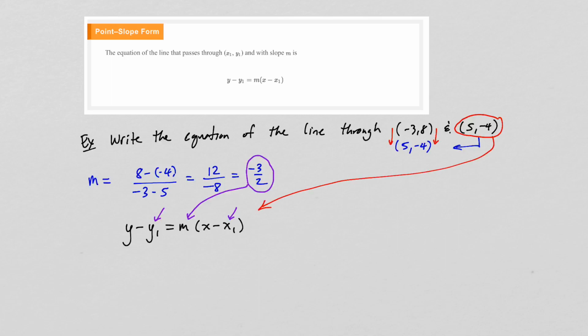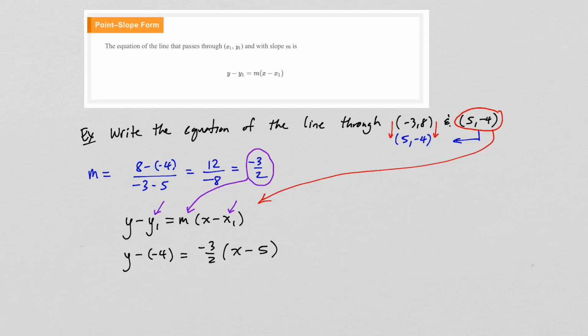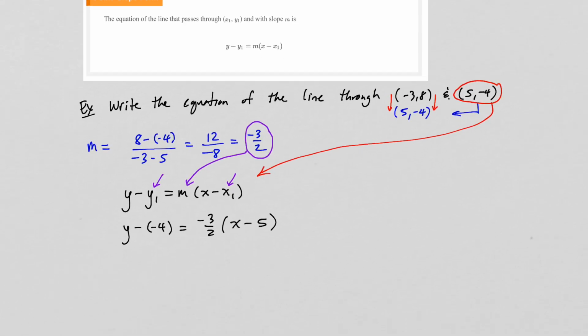So if we do that, we get y minus y1. y1 is -4 equals the slope, which is -3/2, times the quantity x minus x1, and x1 is 5. And so now we'll just do the math carefully here.